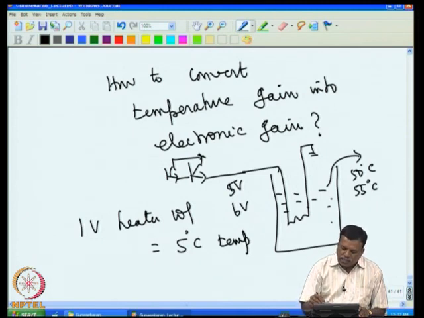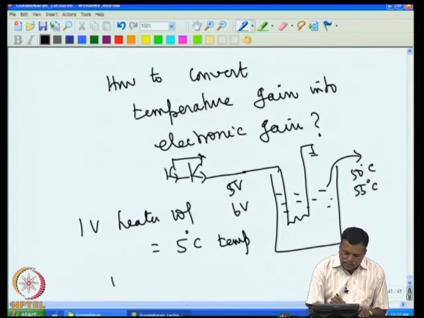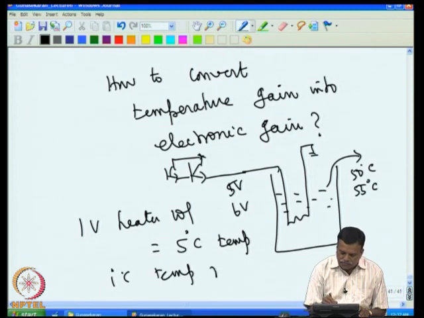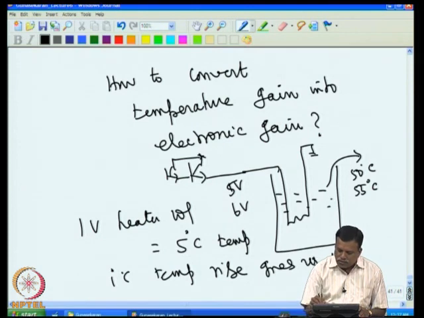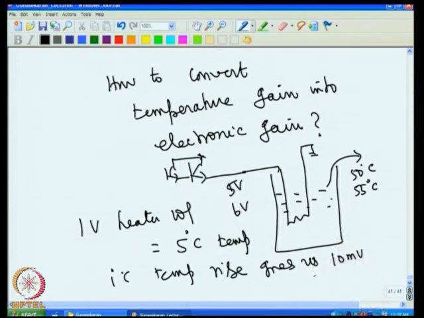Now 1 degree temperature rise gives 10 millivolt output from the sensor.